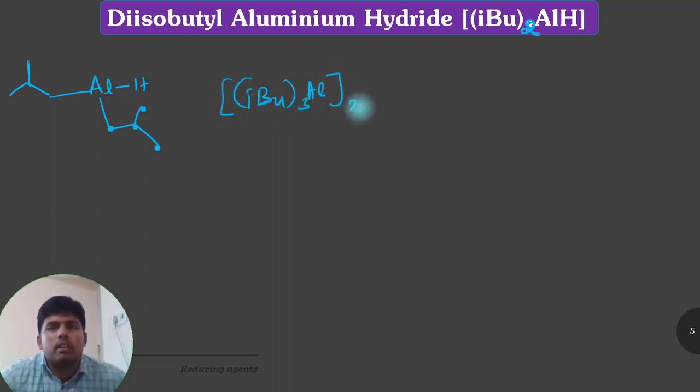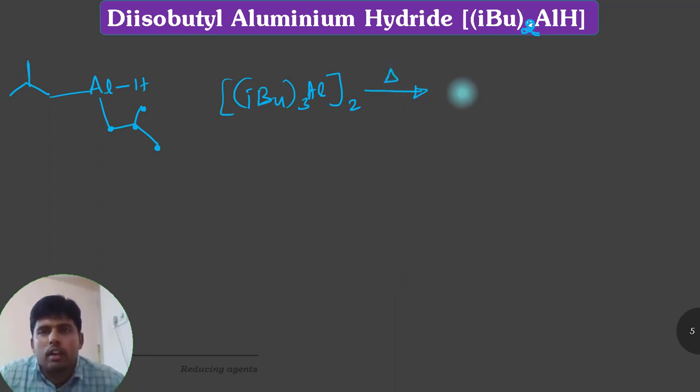This exists as a dimer because aluminum has a lack of octet, an electron deficient compound. So this on heating will undergo disproportionation and it will form IBU2ALH, which is our DIBALH.